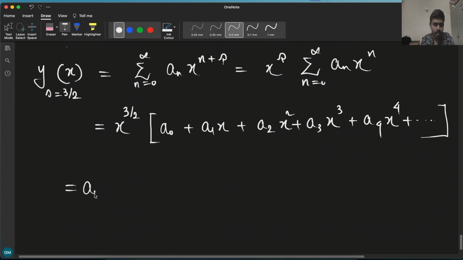I can write this a0 outside because in all these terms a0 is common, right? So it is a0 times x to the power 3 by 2 and then 1 and a1.